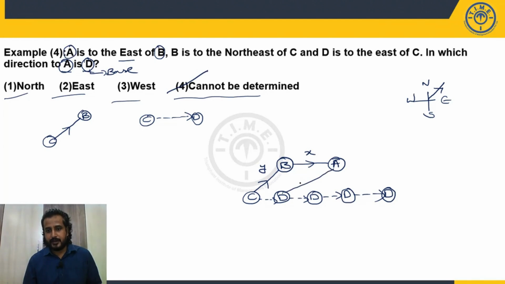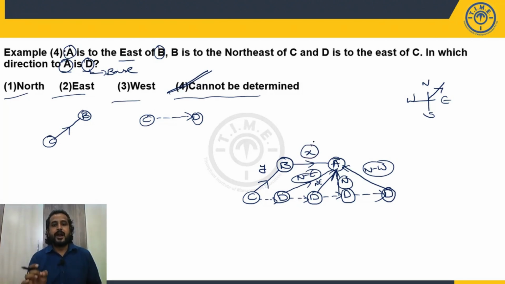My answer may be northeast in this way, but in this case it is north, and in this case it is northwest. So which should I take? North, northeast, northwest. Can I say it confidently? No. So my answer is cannot be determined. So length also plays an important role when you are identifying the directions. Fine.